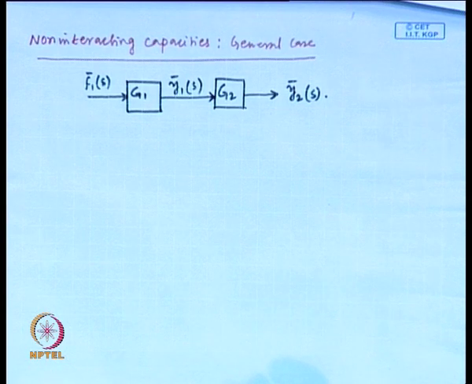So, if we consider both the systems are first order, then what is the modeling equation for the first system?